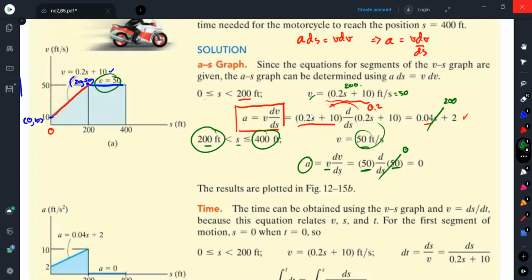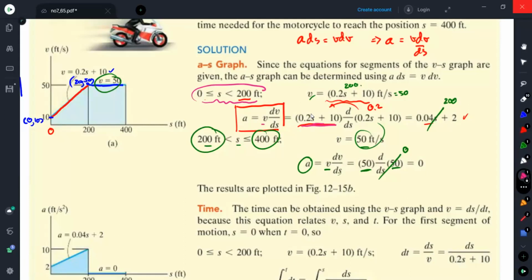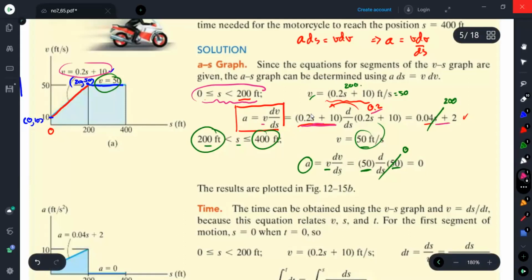But for the case when s is in this range, we get acceleration equal to v, the velocity function that we already have, times dv by ds, which is equal to 0.2. This is the a for the first case.